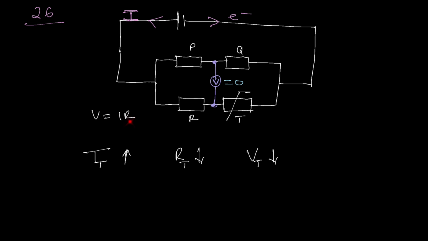So if resistance decreases, voltage will decrease. Also, if the resistance of the resistor decreases, therefore the voltage of the resistor will decrease. Again, applying Ohm's law here. So the answer is going to be A.